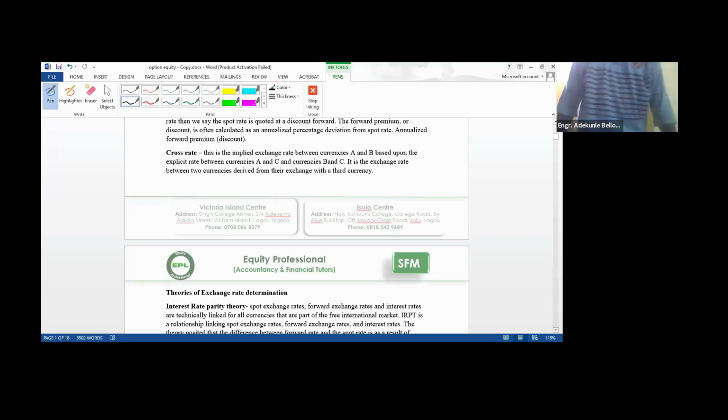Cross rates is an exchange rate between two currencies based upon explicit relationship with a third currency. We are going to illustrate this.